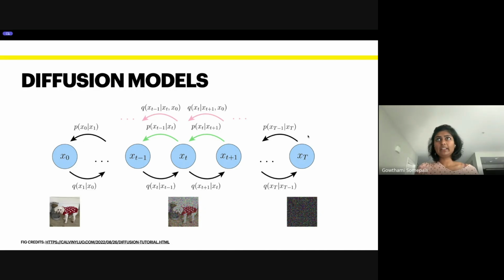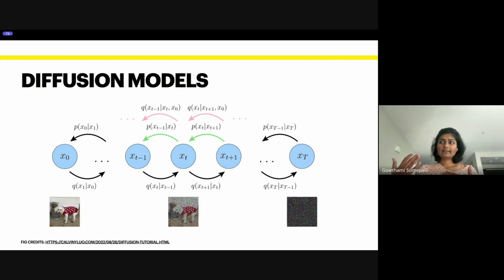All the P's are going to be learned using a neural network. And the next question is, you define a neural network which can take xt and predict xt minus 1. Now, how do you train this neural network? How do you do training usually?